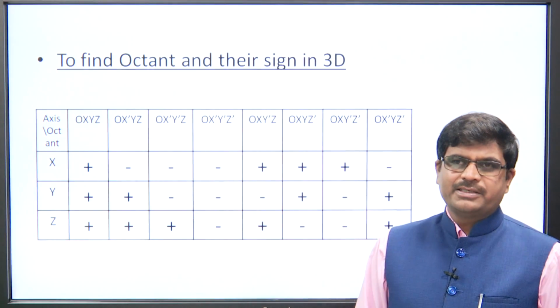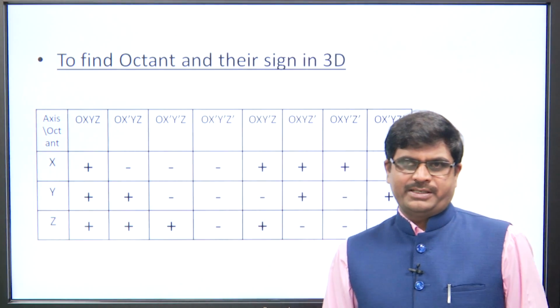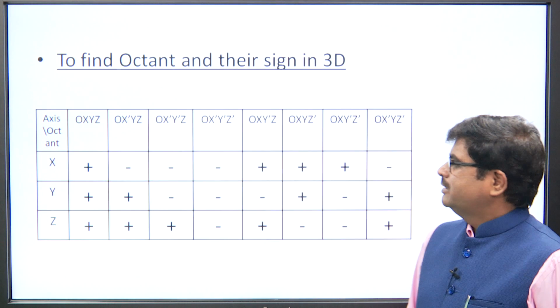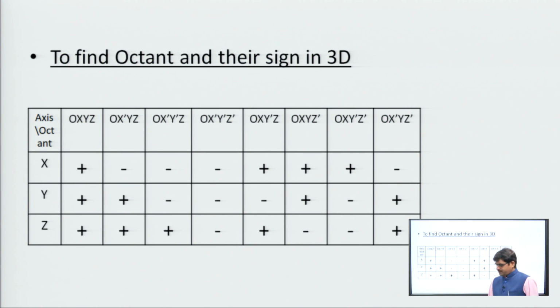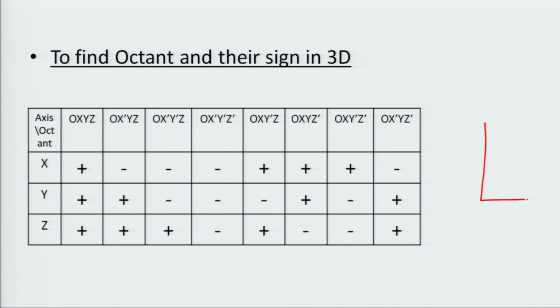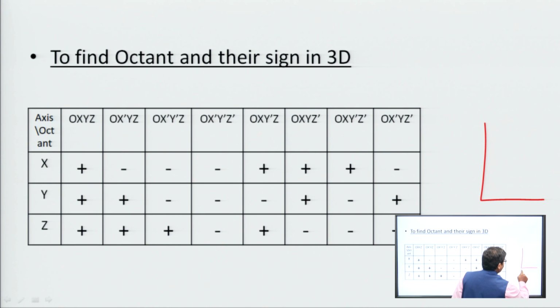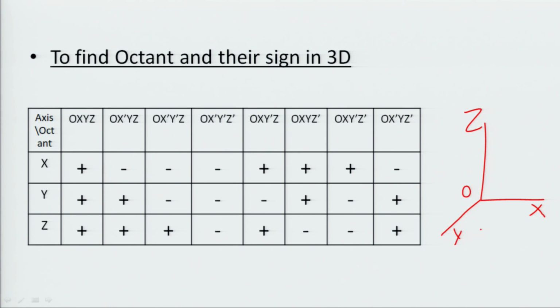In 3 dimensions, first of all we discuss what the planes are in the x, y, z axis. Let us write the x axis, y axis and z axis. This is the origin.